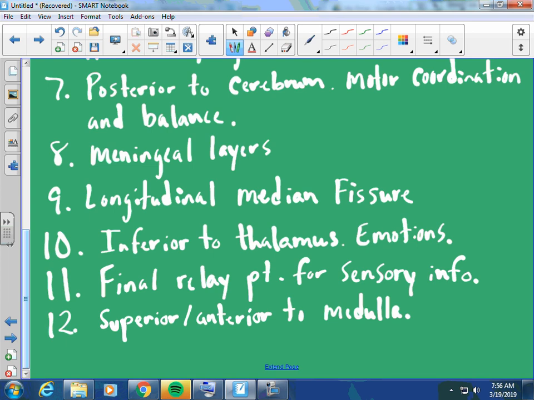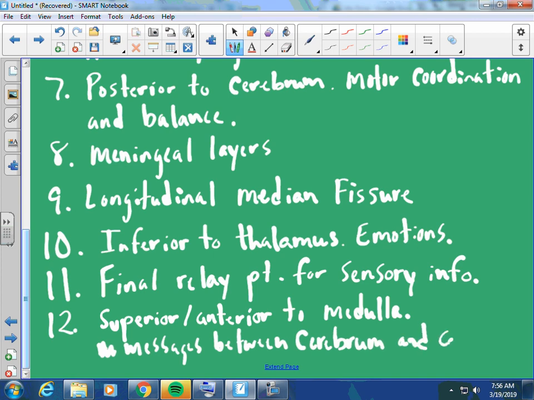Messages between cerebrum and cerebellum.